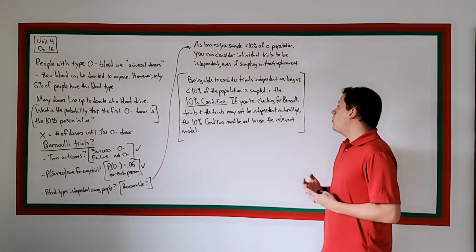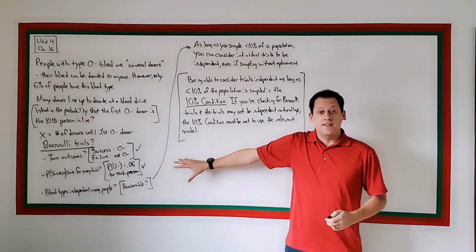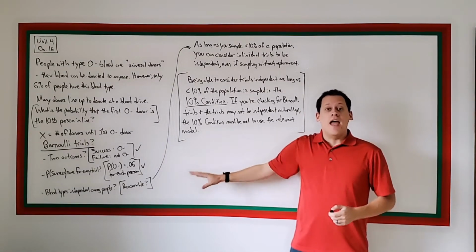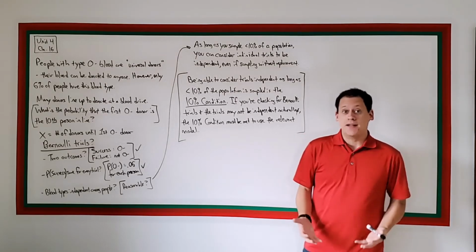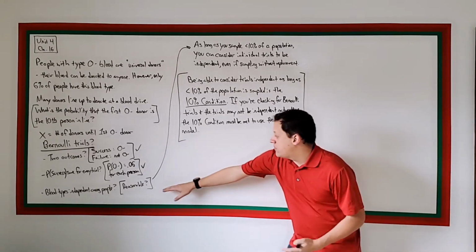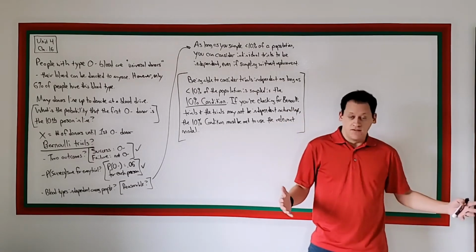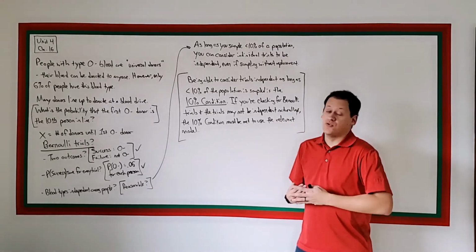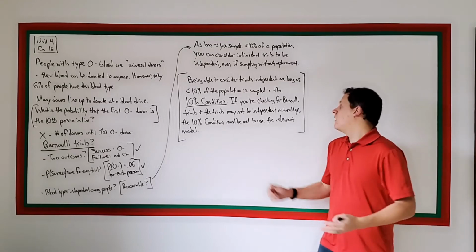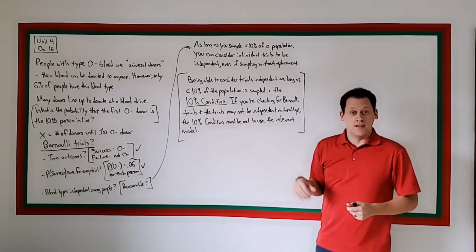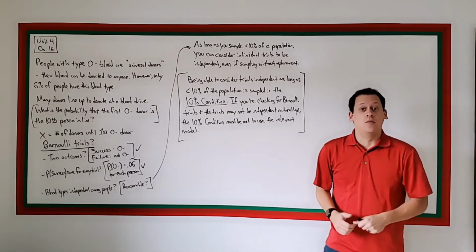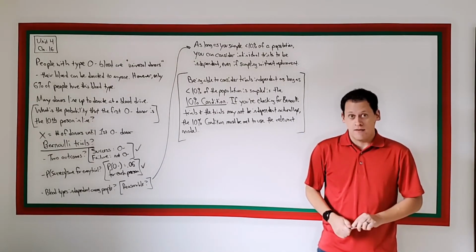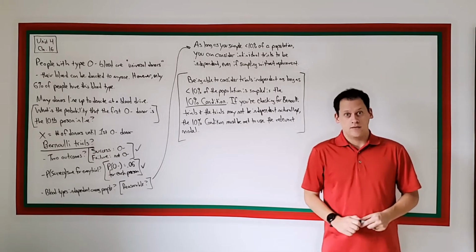So, if you are checking for Bernoulli trials, if you're checking these conditions here, and you are afraid that your trials may not be independent, whether because of the nature of the individuals themselves or because you're sampling without replacement, you have to meet the 10% condition in order to check this off and be able to use the model that you're interested in, which we'll get to in just a second.